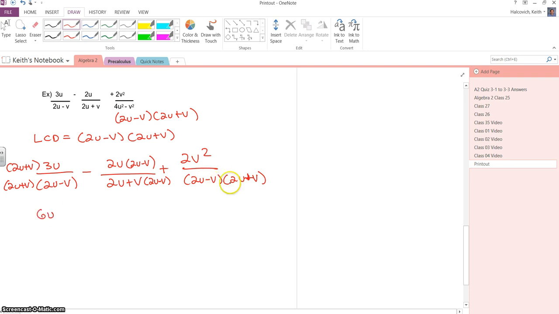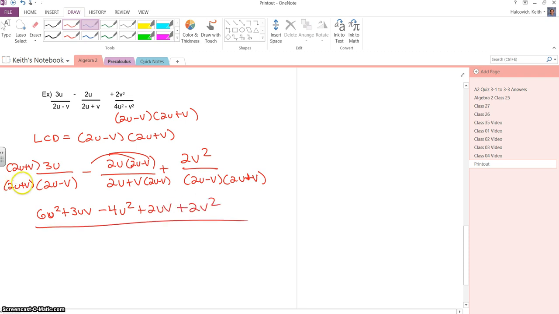So you get 6u squared plus 3uv. And then distributing the negative along here, you get minus 4u squared plus 2uv plus 2v squared, all over 2u plus v times 2u minus v.